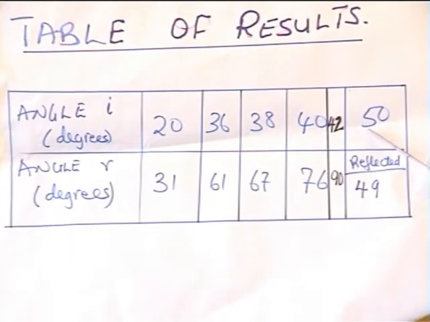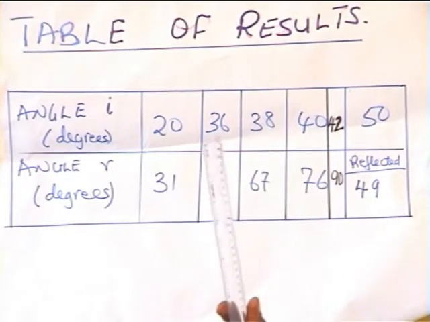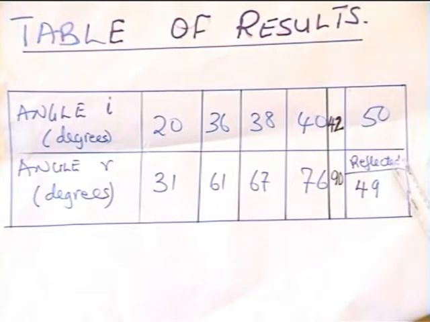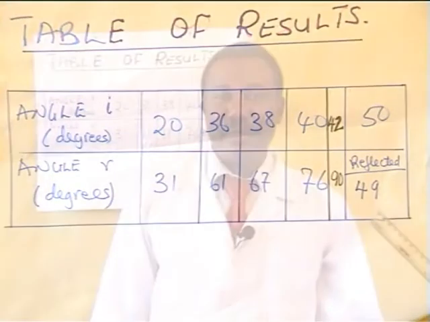And when it was 50, there is no refracted ray. What we get there is total internal reflection, and that angle was 49.